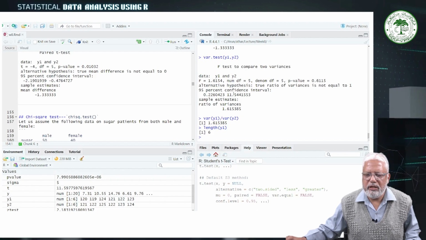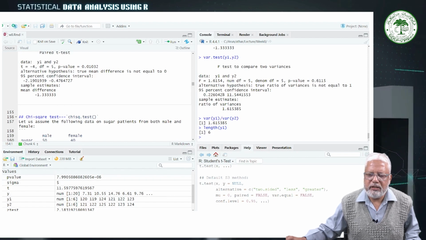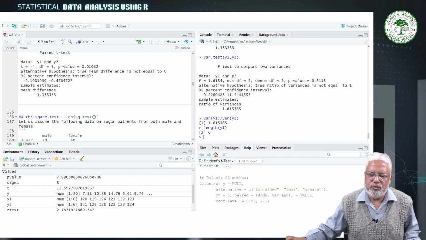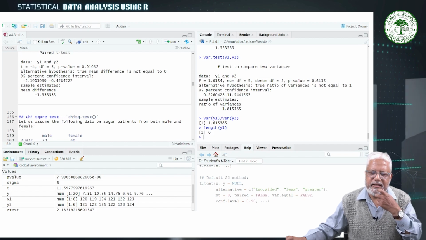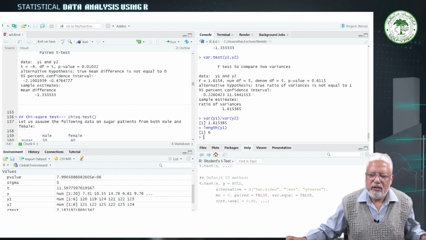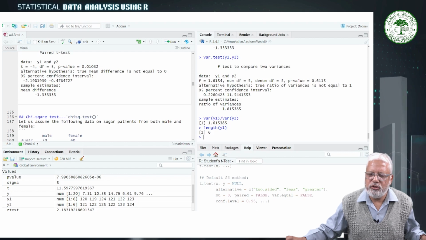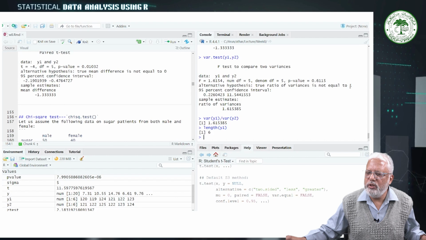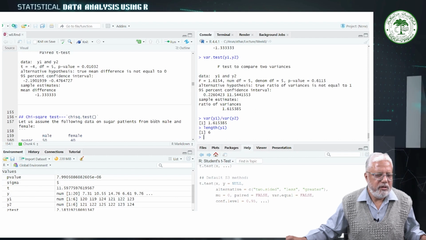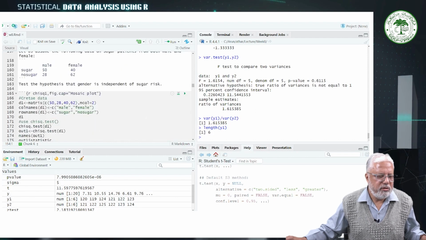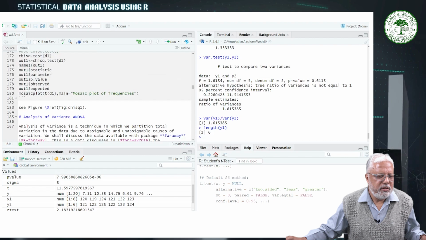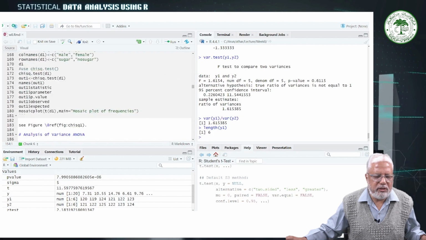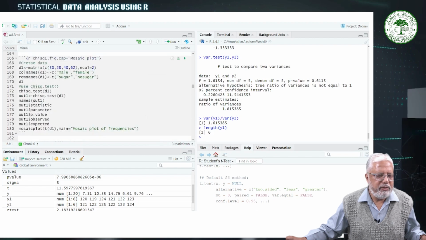And this confidence interval contains 1, so we are not rejecting H naught. Sigma 1 square divided by sigma 2 square is equal to 1 is being accepted. So, this is all about the F test.